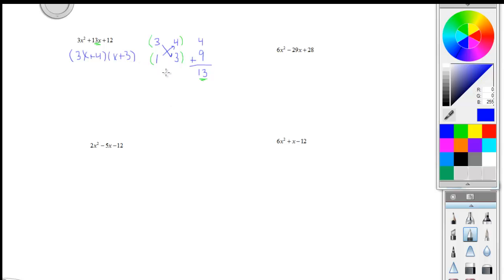If I had guessed these pairs in a different order, say I had written down the 3 and the 1 and then had put these as 3 times 4, which I could have done just as easily, then when I check the diagonals I would get 3 and 12, and when you add those together you do not get 13. So this would not be the choice that you would want to use for the factors.